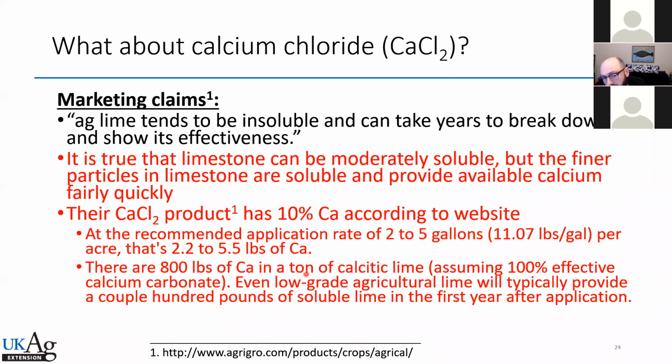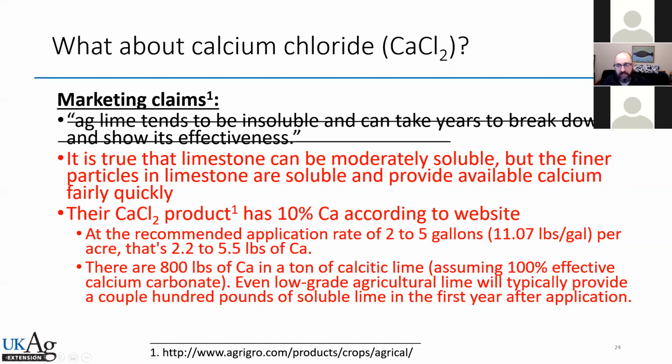So if I had a 50% RNV lime, I'd still have 400 pounds of calcium in that first year that's available. So even a not very good ag lime is going to put down 400 pounds versus 2 to 5 pounds of calcium. So this stuff is completely bogus. If someone's trying to sell you this, don't buy. It's not worth the money.